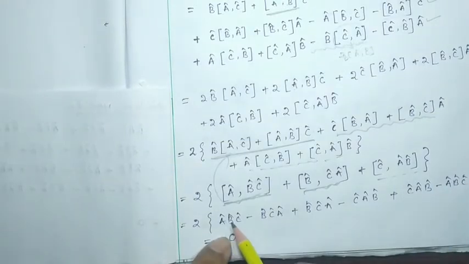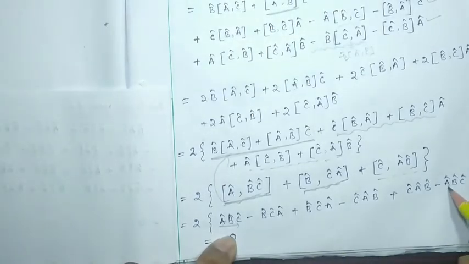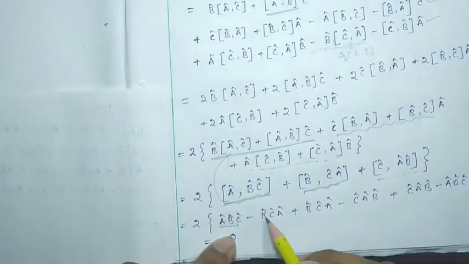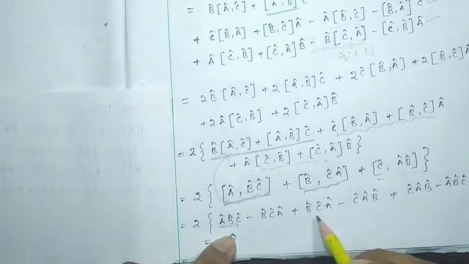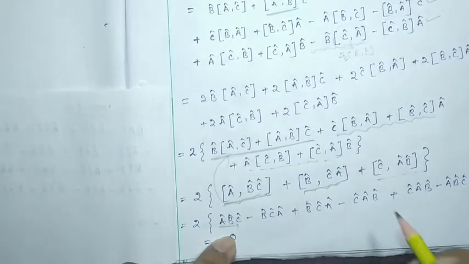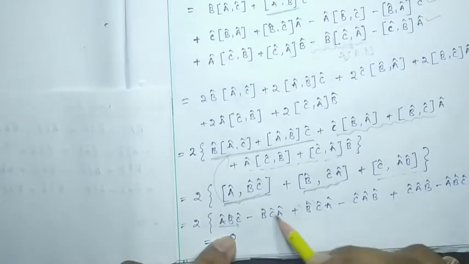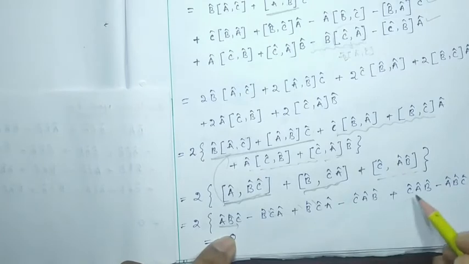See, ÂB̂Ĉ, in the same order, minus ÂB̂Ĉ will be there, so it will be cancelled out. Here B̂ĈÂ minus, and here plus B̂ĈÂ, will be cancelled out. Then ĈÂB̂ plus ĈÂB̂, minus and plus, will be cancelled out.